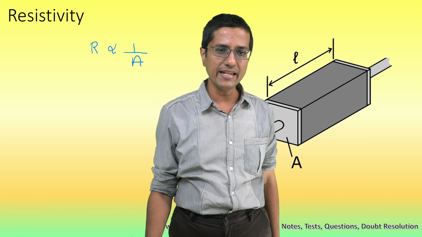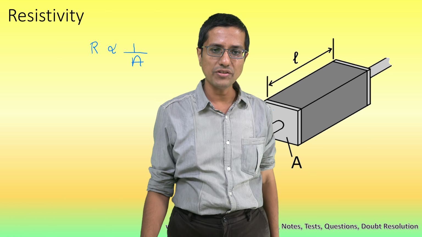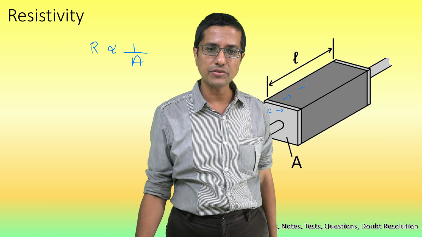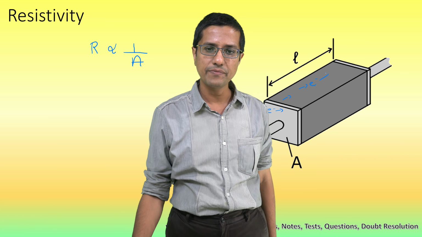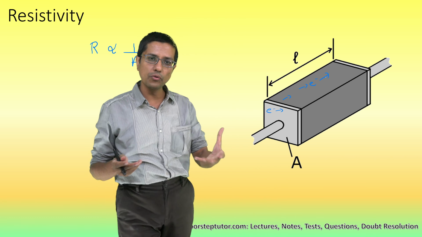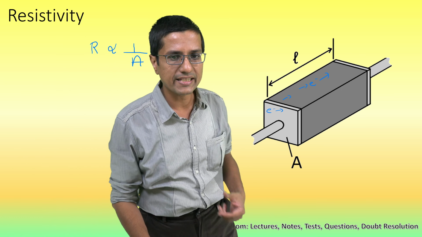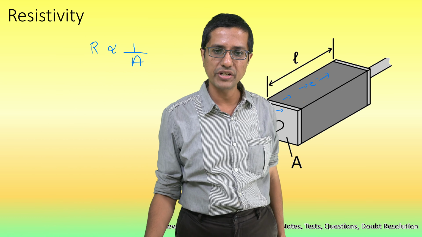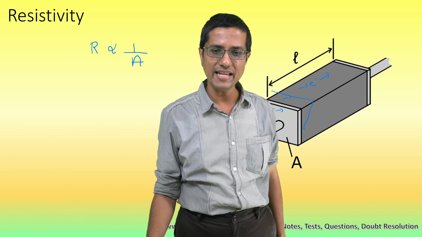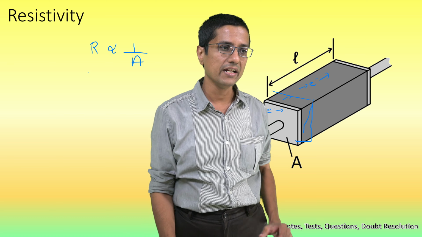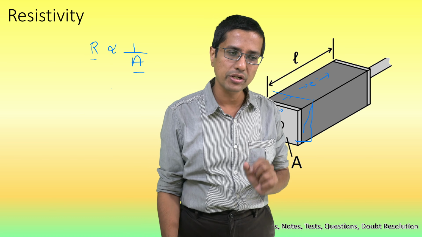As I increase the area, the electrons have more and more room to flow through, and because of that, the resistance offered to the flow of electrons decreases. So resistance is inversely proportional to area.